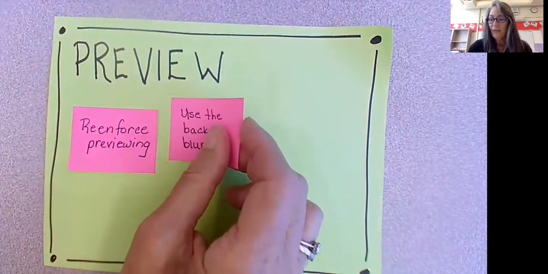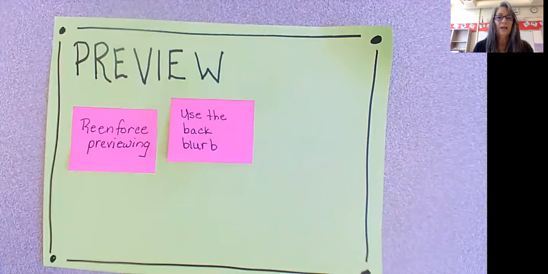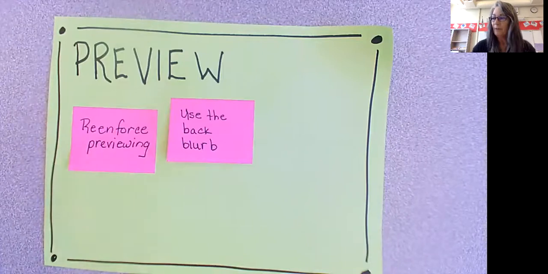Of course, you're going to be using the back blurb or the jacket cover to have them read through it. You could even take that opportunity to do a quick running record while they're reading the back and noticing all kinds of issues, their word solving, their fluency, whether it feels like just right book for them.